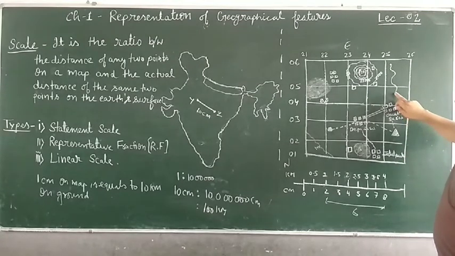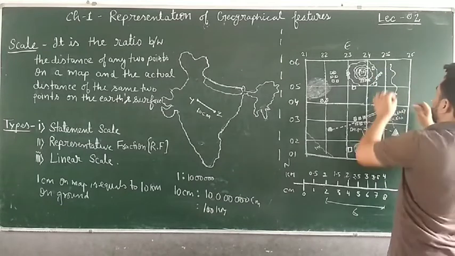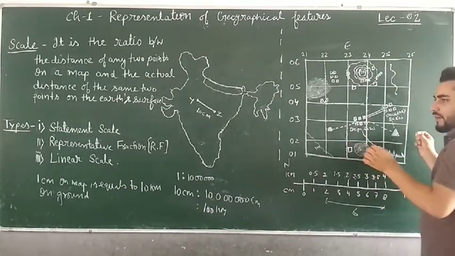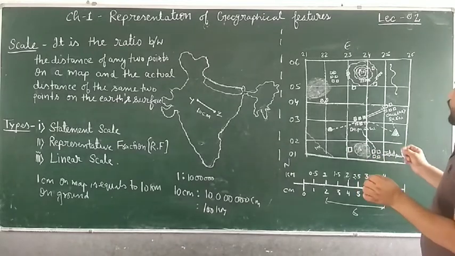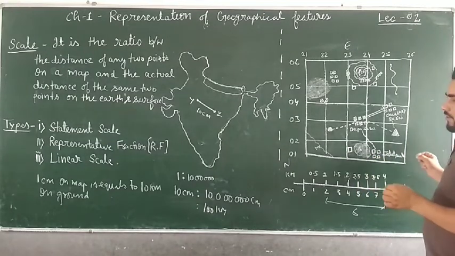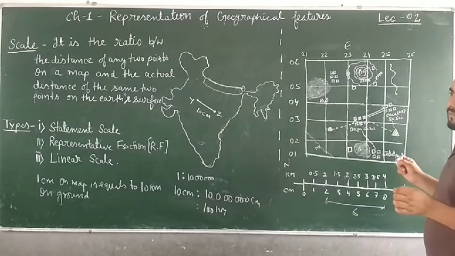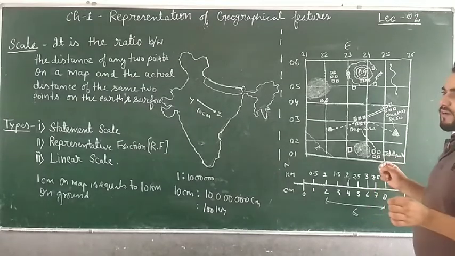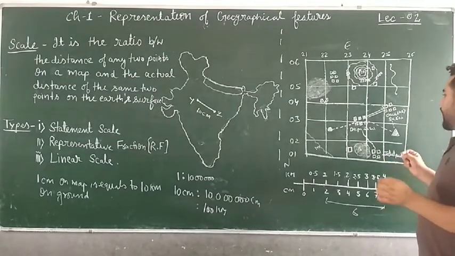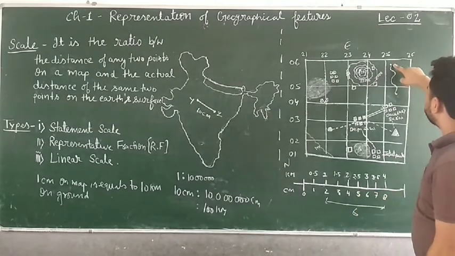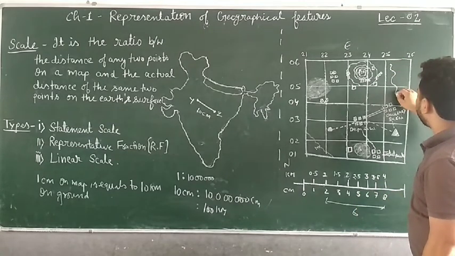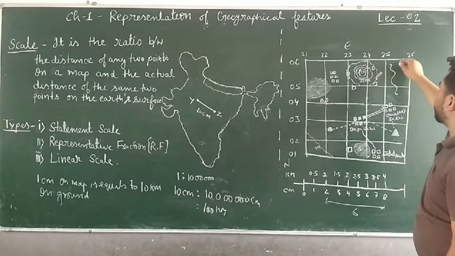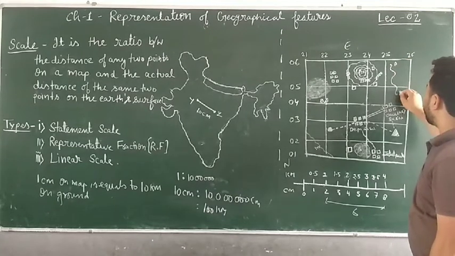Take a thread, keep that thread on this, cover the track with that thread, and after that take out the thread and measure its length with the help of a scale, right? If it measures 10 centimeters or 12 centimeters, however it measures, that will be the distance from point A to point B on this road.